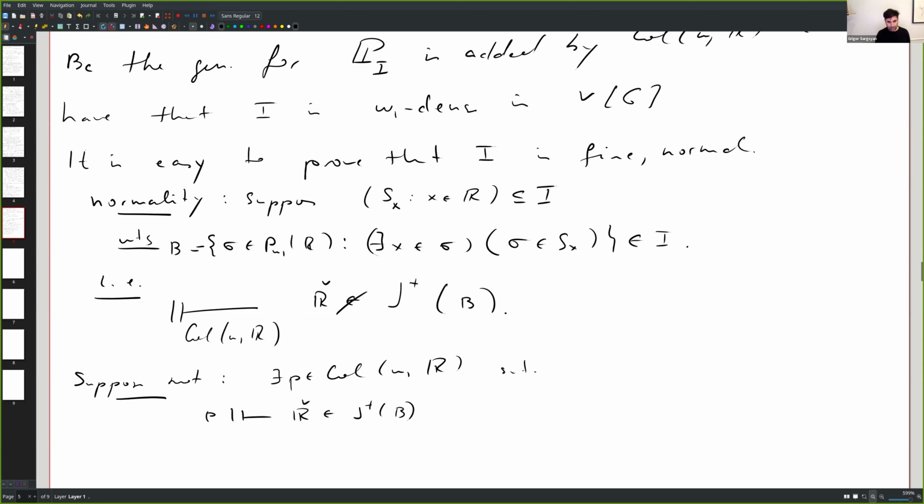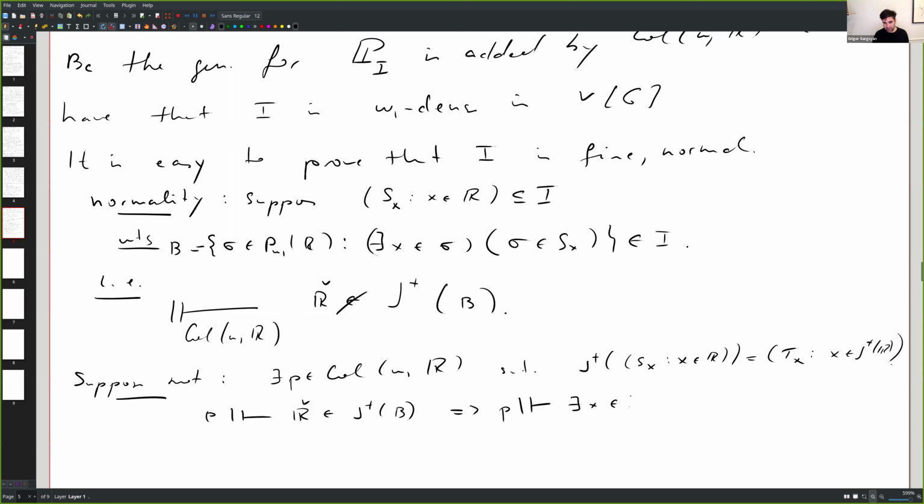It means that P forces that there exists an X in, right? So let J plus of this vector, this be, let's say T, X is in J plus of R.